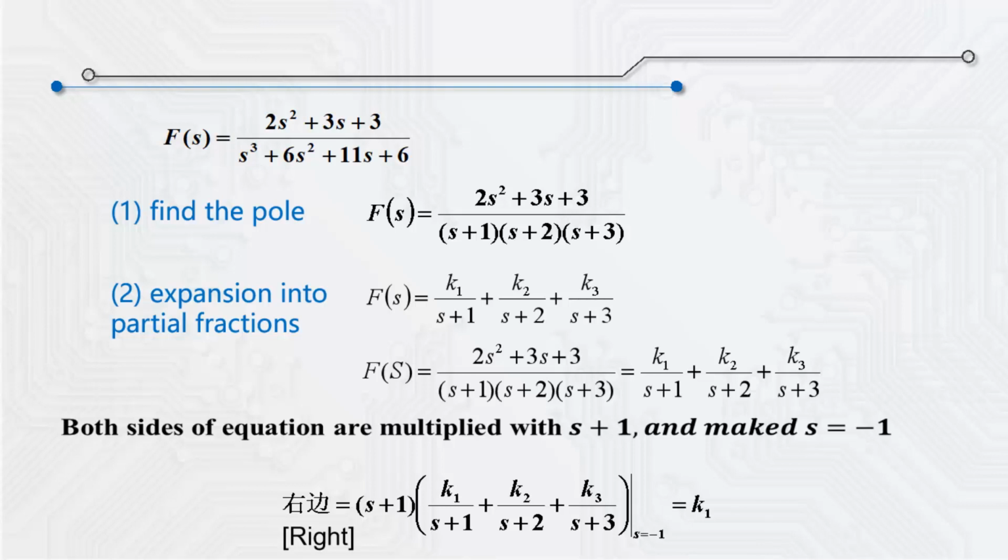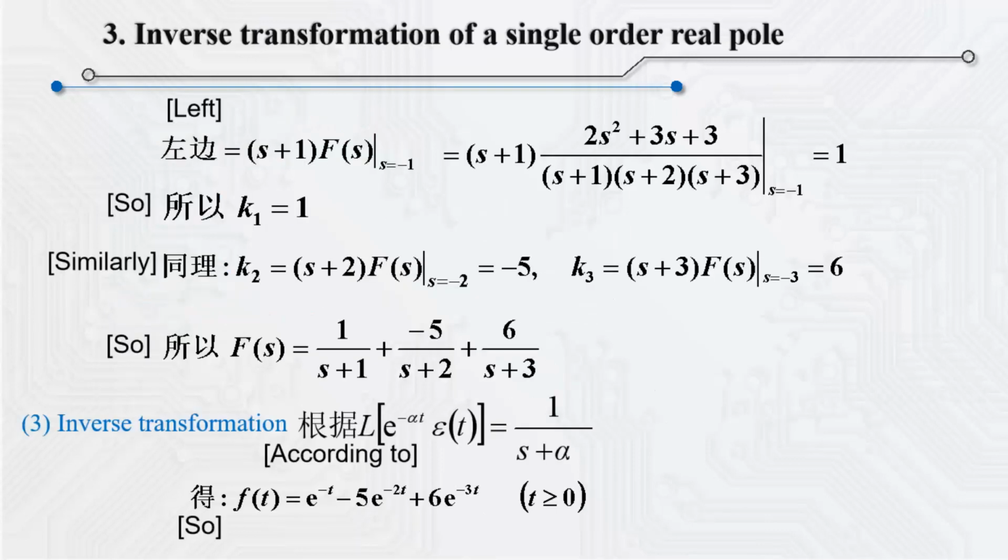Then the right side will become k1, and the left side becomes the numerator divided by (s plus 2) times (s plus 3), which gives 1. The left is equal to the right, so k1 is equal to 1.